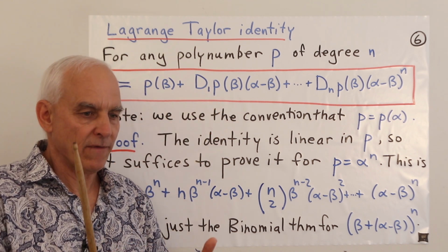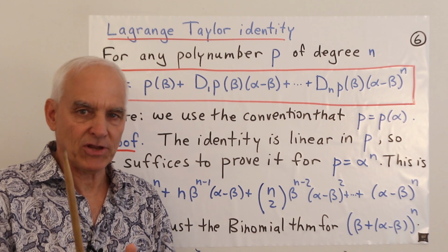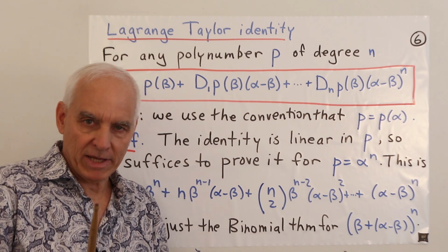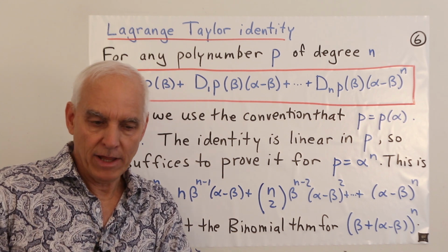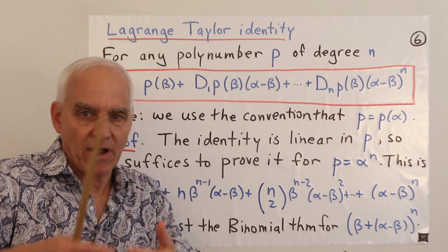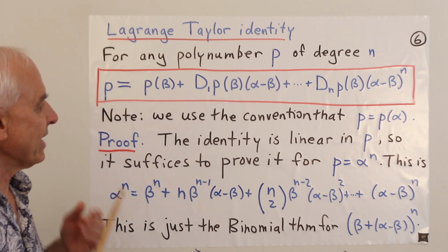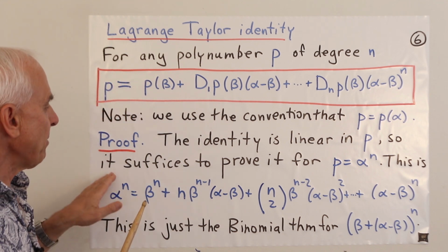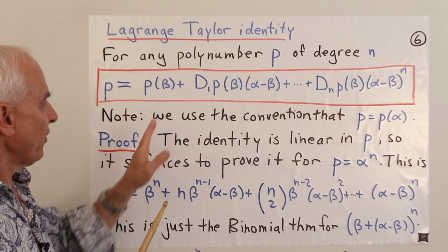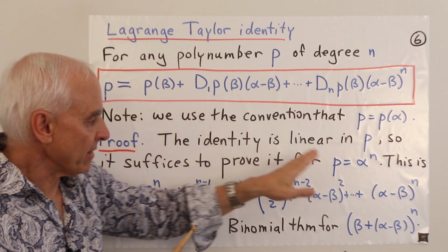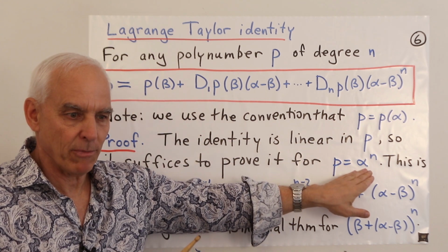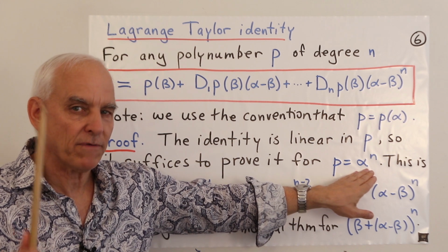If you take the subderivative of the sum P plus Q, you're getting the subderivative of P plus the subderivative of Q. If you take the subderivative of lambda times P, you're getting lambda times the subderivative of P, etc. Okay? So it's linear in P. And so that means that it suffices to prove it for the case of having a basis element of our polynumbers, some pure power alpha to the n.